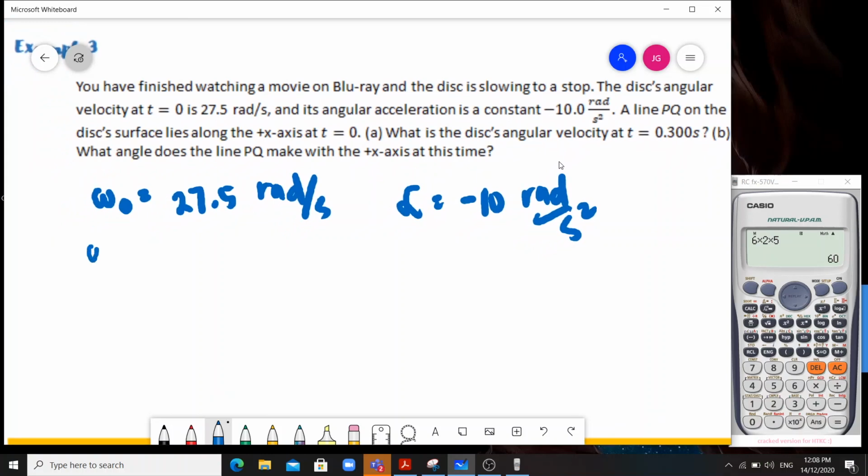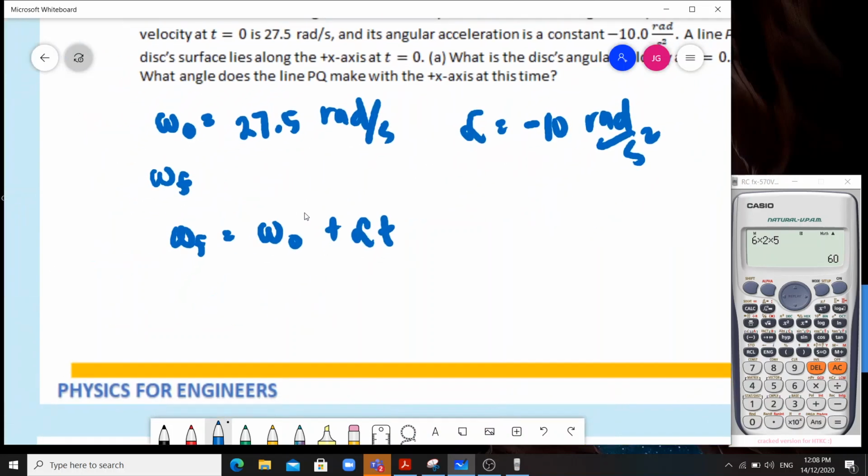So, what we are finding here is omega final. Omega final is equal to omega 0 plus alpha t, if you remember the kinematics formula. Our omega 0 is 27.5, and our alpha is negative 10 times the time of 0.3 seconds.